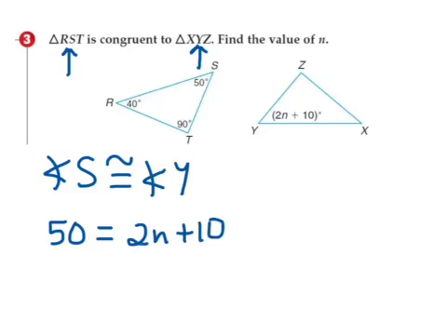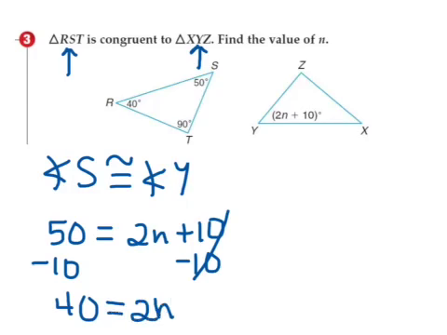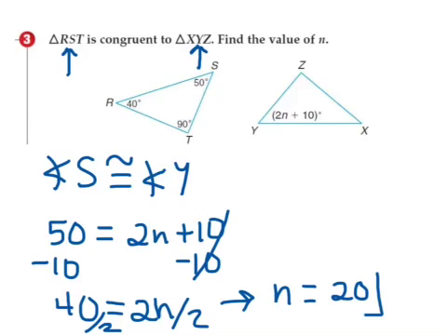Now we have a congruent statement, and we can solve for our variable. So let's do some algebra. I'm going to subtract 10 from both sides. I get that 40 is equal to 2n. And then dividing both sides by 2, I get that n is equal to 20.